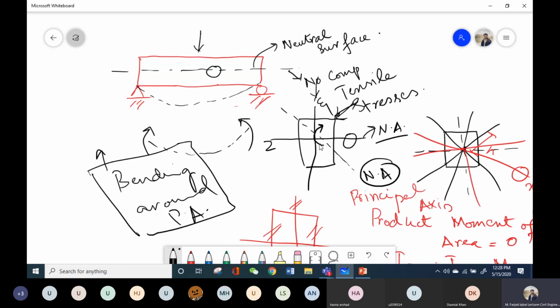The bending is taking place around this neutral axis, but this bending is not around the principal plane, which is this one. So in this case, I cannot apply this formula directly. I have to figure out some other method to apply this flexural formula when the load is applied in this direction. We will discuss that later.